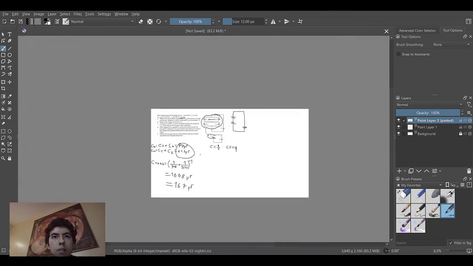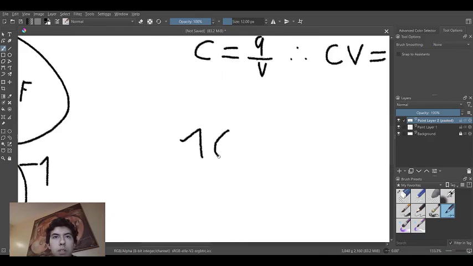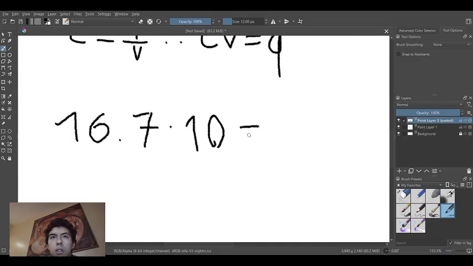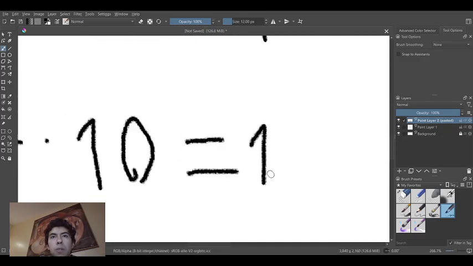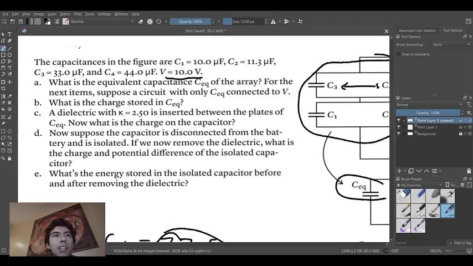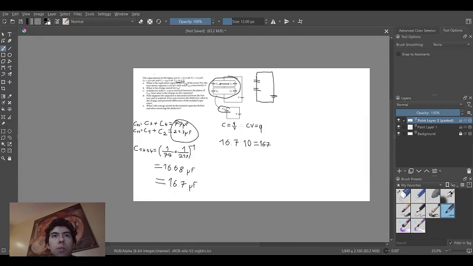So we're going to do 16.7 times 10 equals 167 coulombs.